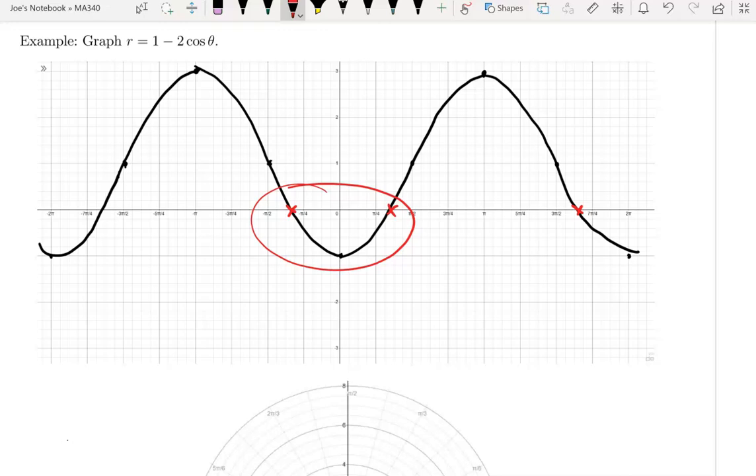Okay. So if we set this 1 minus 2 cosine theta equal to 0 and solve for cosine of theta, we get cosine theta equals 1/2. So what thetas give you a cosine of 1/2?